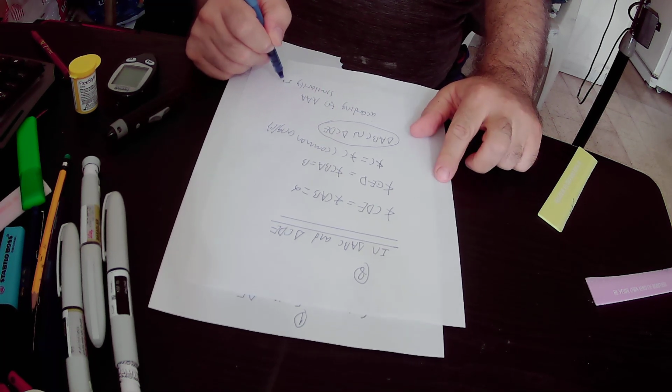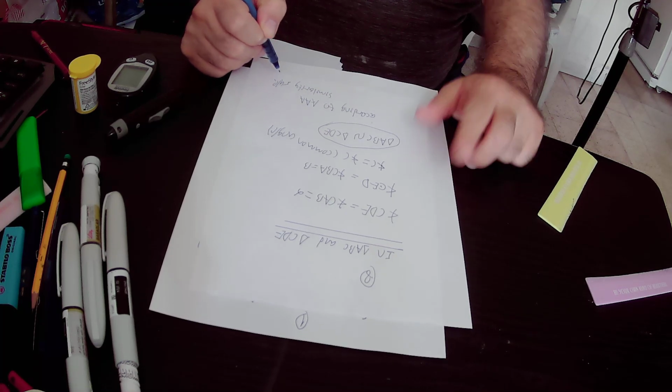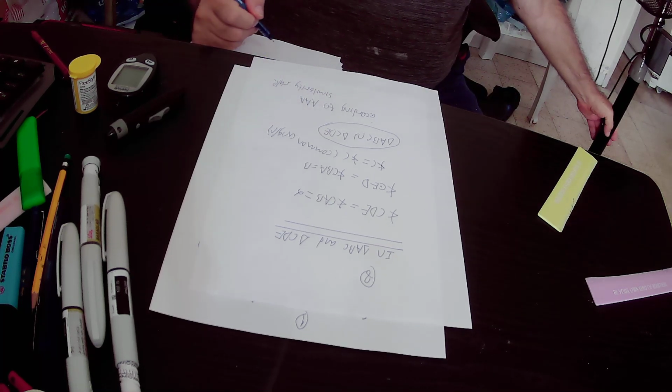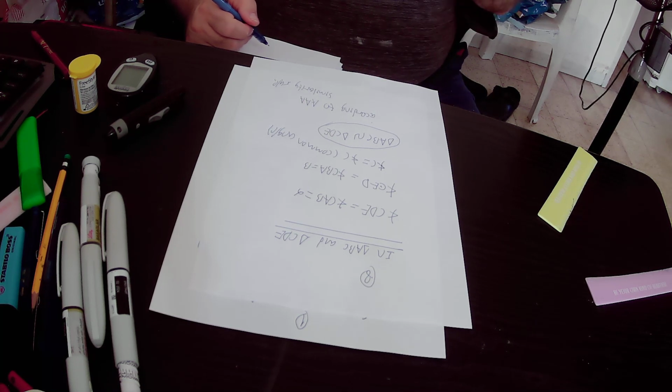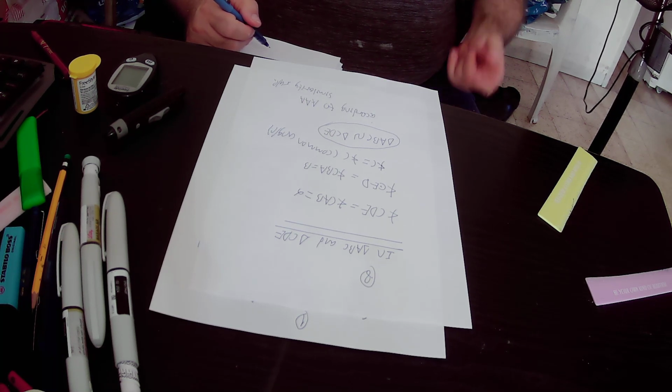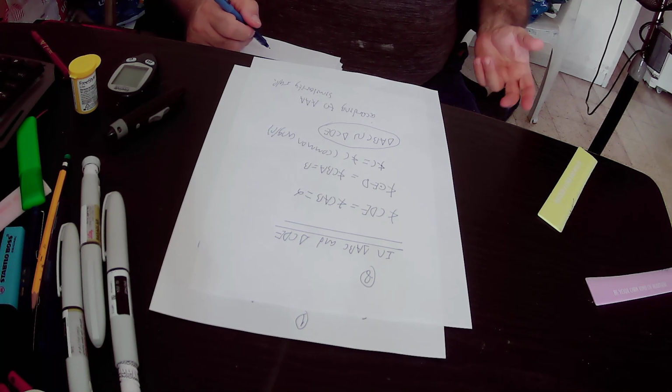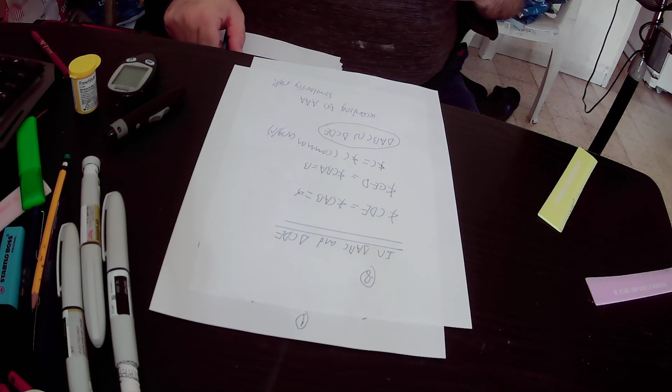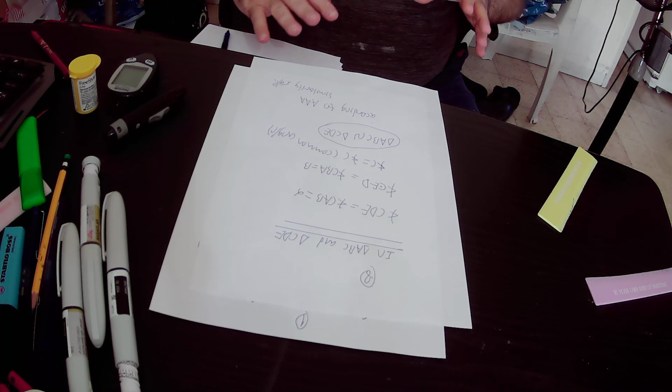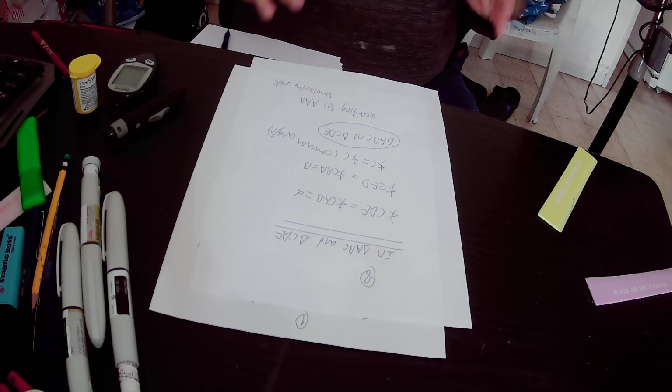So what is the angle similarity rule? Actually, if you prove that all the angles of one triangle are equal to all the angles of the other triangle, then you prove that those two triangles are similar to each other according to the angle similarity rule.